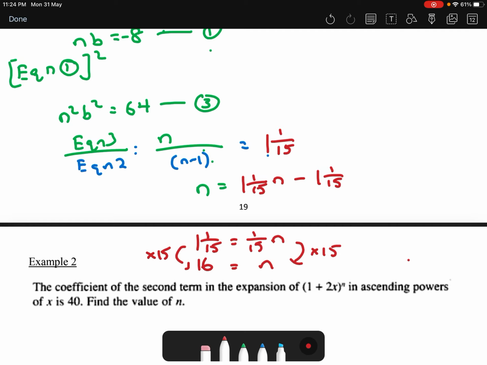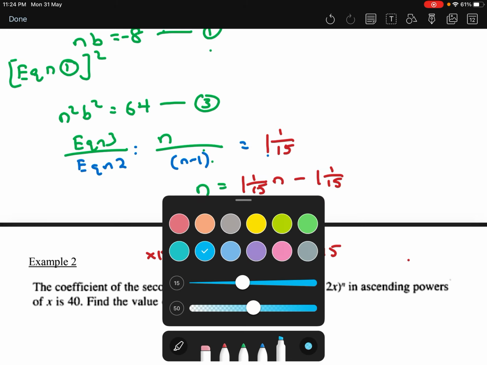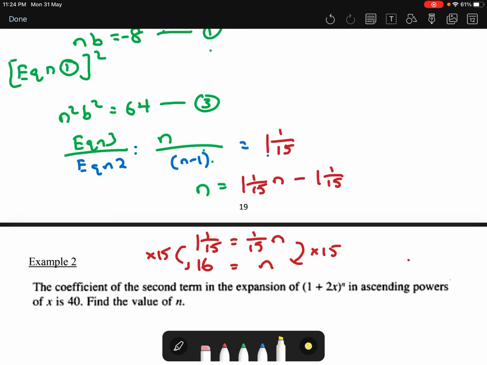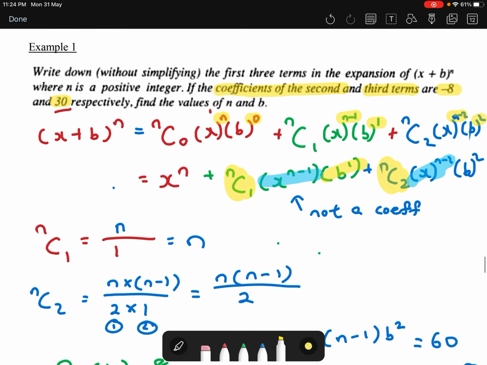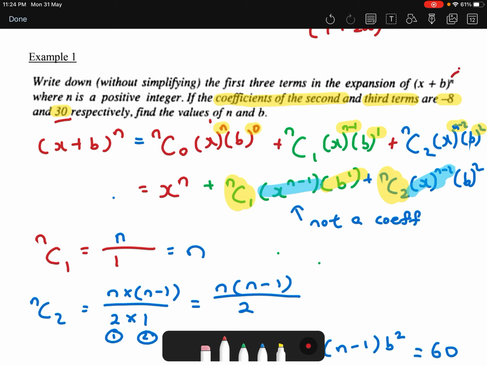So your n will be equal to 16. Very important is that your n, the so-called power, must always be an integer. If you get a fraction, like 15 3/4 or 15 and a half, it means you need to redo it. So our n here is 16.